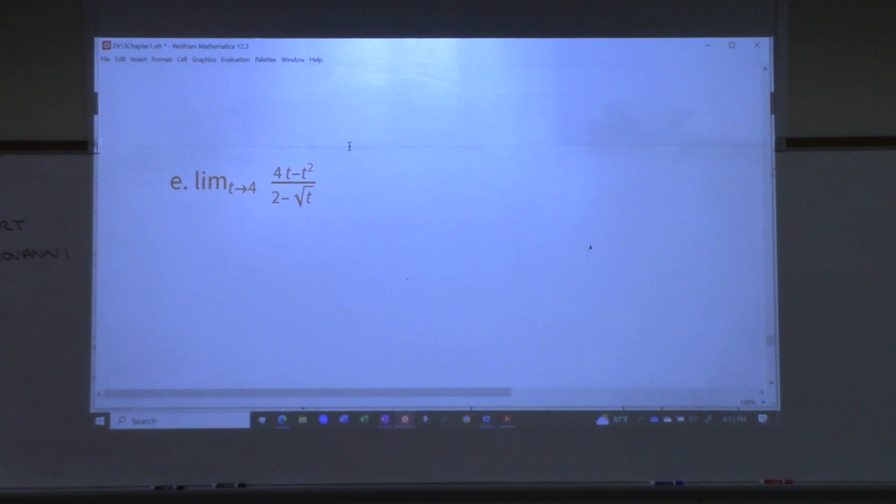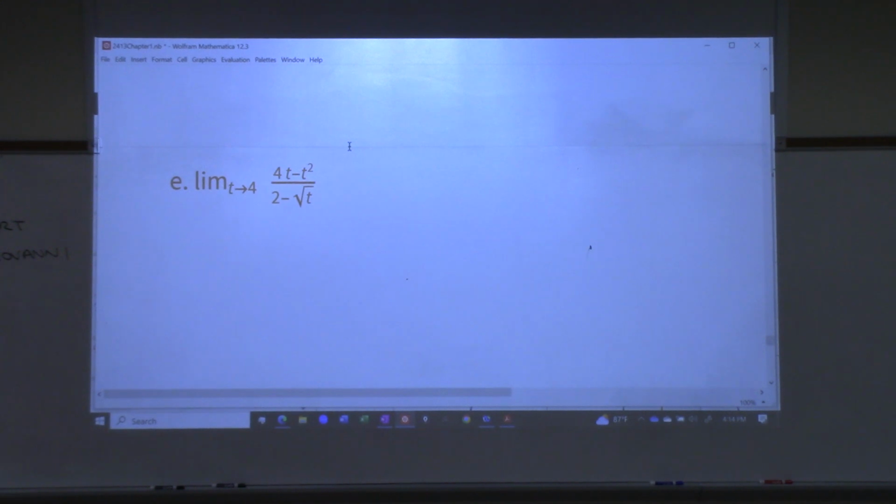Let me just see your conjugate. Yeah. Plus square root of t, and then you got 4 minus t, so you factor the t in this one. So you got 4 minus t on both the top and bottom, so I just factored them out. I tell you what, y'all did basically the same thing. You got different answers. Maybe y'all can look at each other and figure out. You got anything? You stuck?